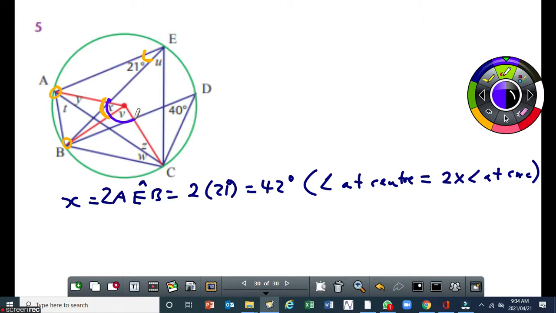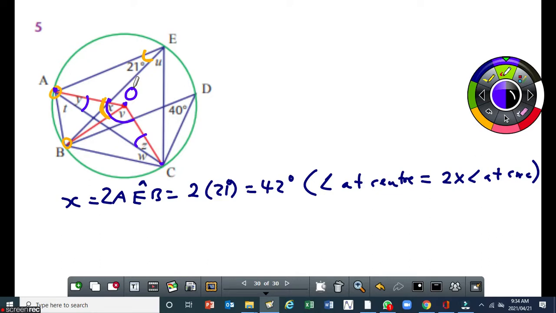And this angle here and that angle, that is Y and Z, they are going to be equal because from this point up to there, that's a radius. And from there up to there, that's a radius. So that triangle is isosceles. Please allow me to call this point O, because that's the center. That will help me to name the triangle.